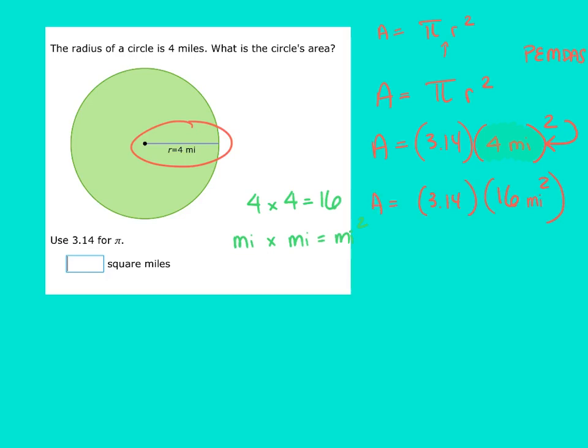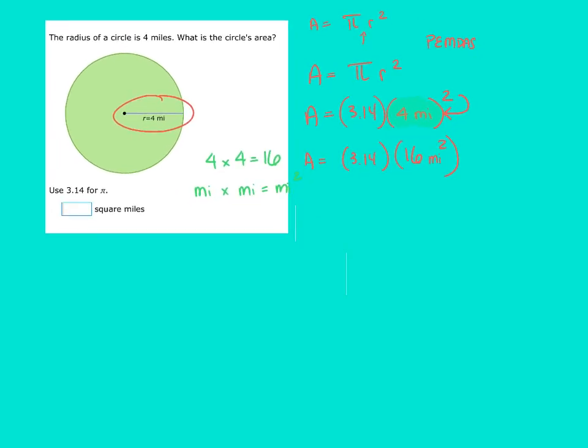Now again, I emphasize the tough part here is just getting the multiplication right, which is something we're pretty okay at now. 3.14 times 16, check my math: 24, carry the 1, 6, 7, 8, 18.